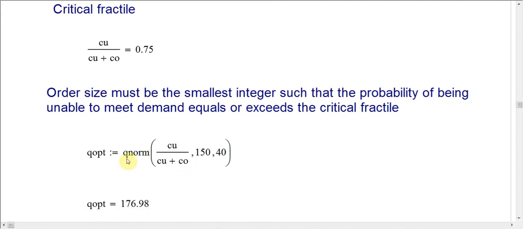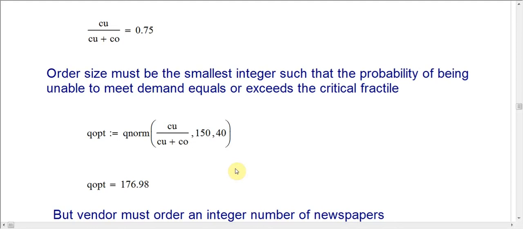So using this piece of information, we can find the optimum number of newspapers that we should buy to maximize the average profit. And doing this calculation, we find a number that is 176.98.